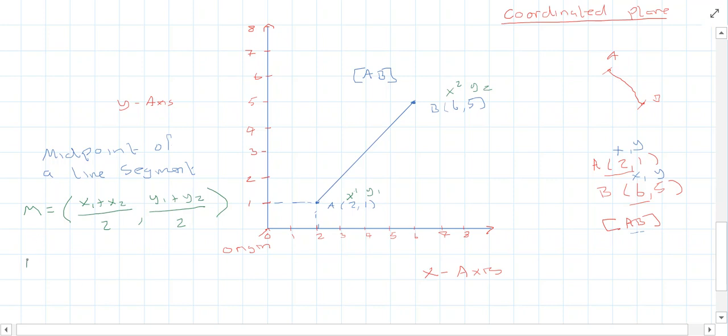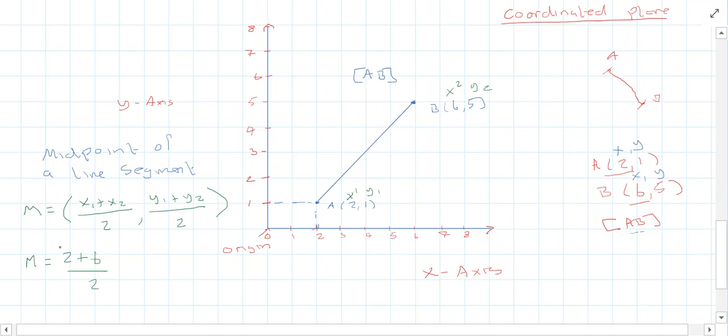So the midpoint of this particular line is going to be equal to x1. x1 is the x coordinate for point A, so the value for that is 2. It's going to be 2 plus the x coordinate for point B, which is 6. So it's 2 plus 6 divided by 2.